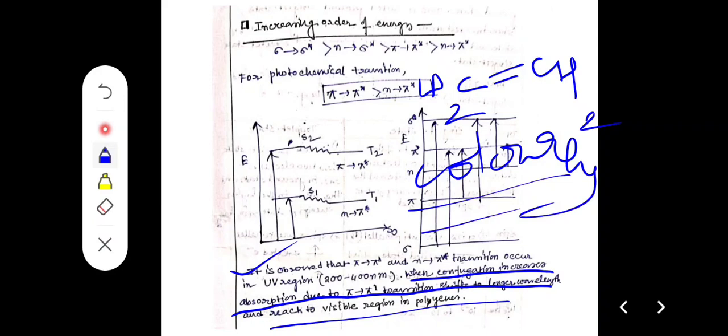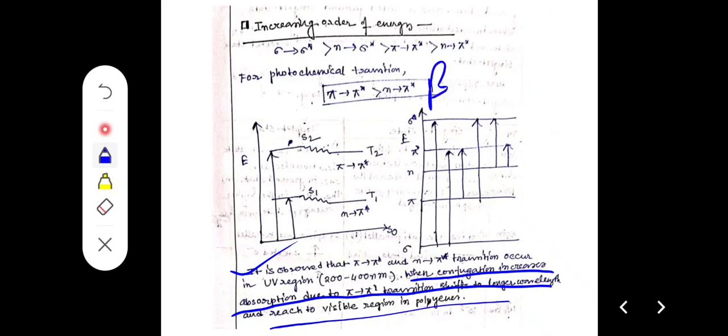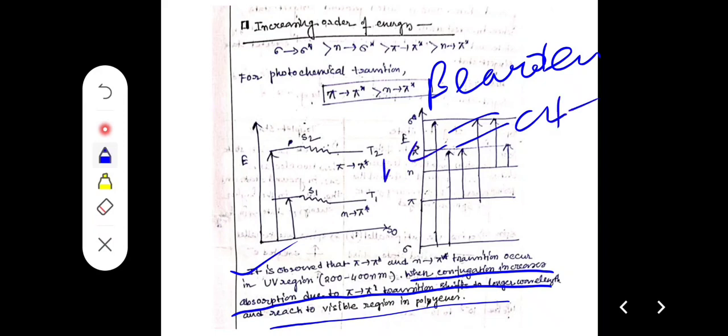But when we consider beta carotene, there are lots of double bonds, CH double bond CH units. So due to this, it exhibits an orange color.